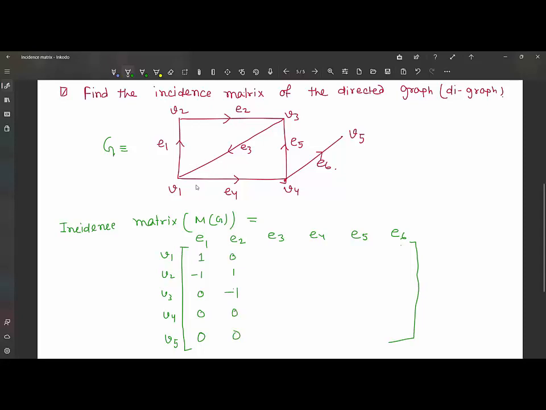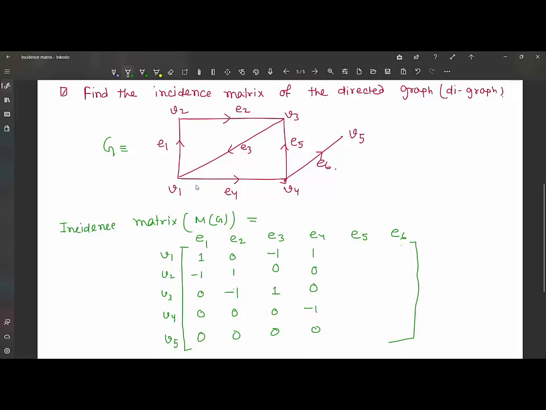Every other value is 0. E3 goes out from V3, so V3 will get 1, and into the vertex V1, so V1 will get -1. E4 goes out from the vertex V1, so it will be 1, and it goes into V4, so V4 will get -1. Every other value is 0.